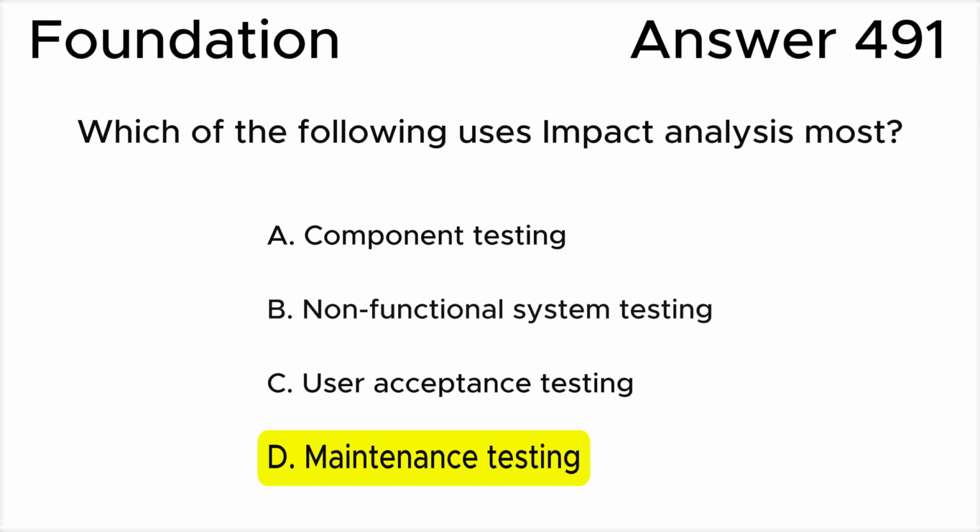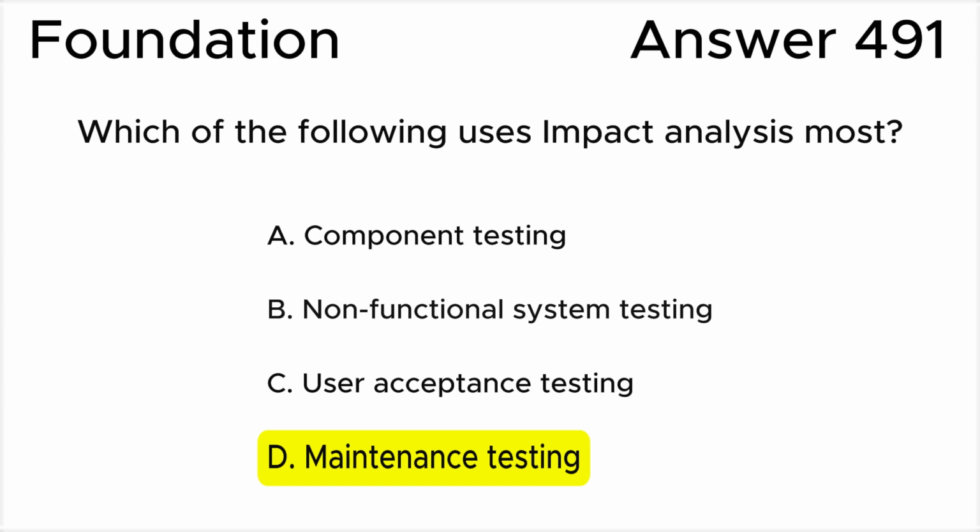Impact analysis helps assess the potential risks of these changes by determining what parts of the system could be affected, what existing functionality might break, what level of regression testing is required.